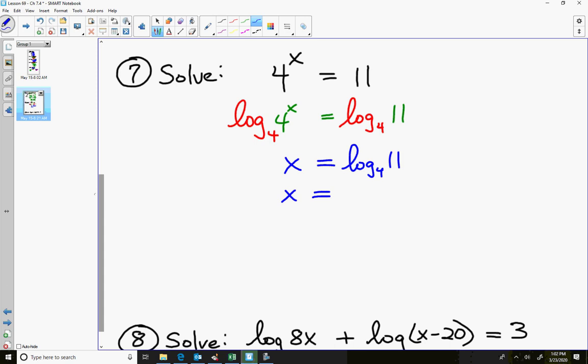Your calculator knows log base 10, your common logs, and log base e, your natural logs. It does not matter which one. In this case, let's go with the common logs. So it would be log base 10, which I'm not going to write, of 11, divided by log, same base 10, of 4.